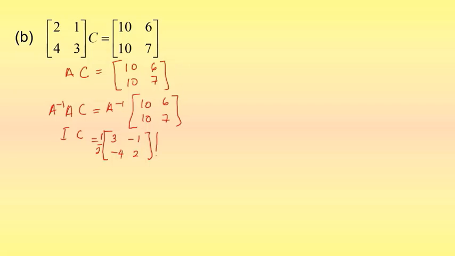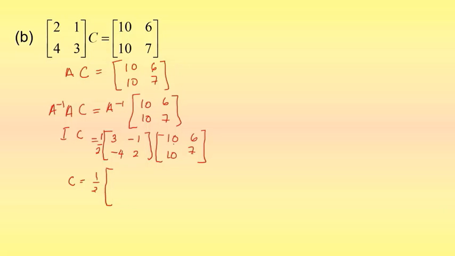Okay, then multiply with this matrix, 10, 10, 6, 7. Okay, ID times C is C. 1 over 2 is a constant, so we have to proceed with the multiplication between two matrices.